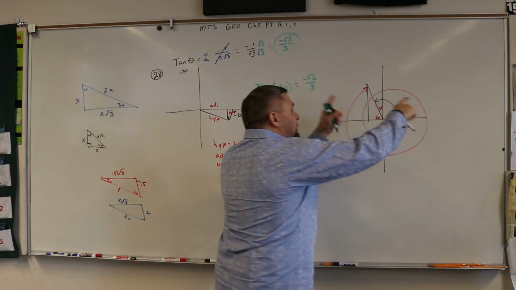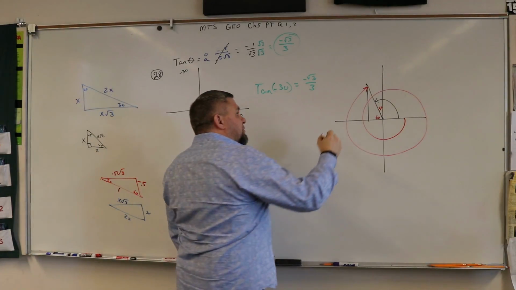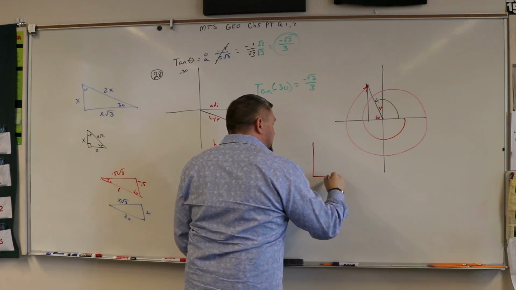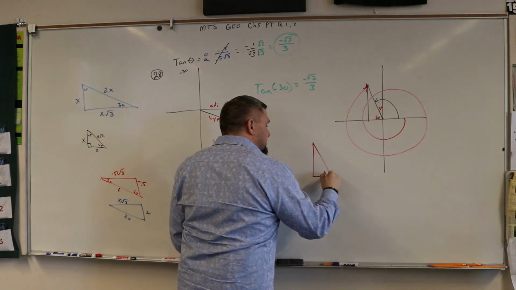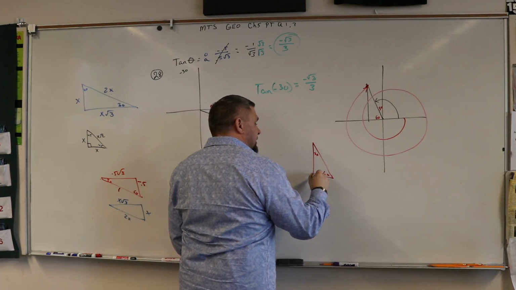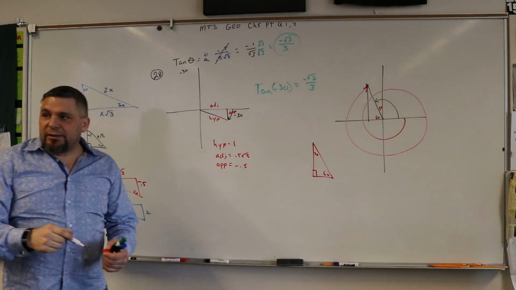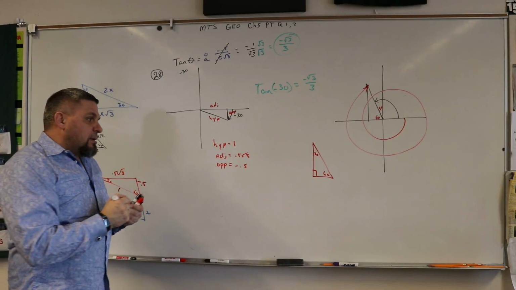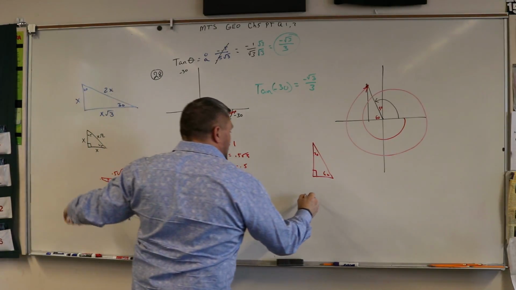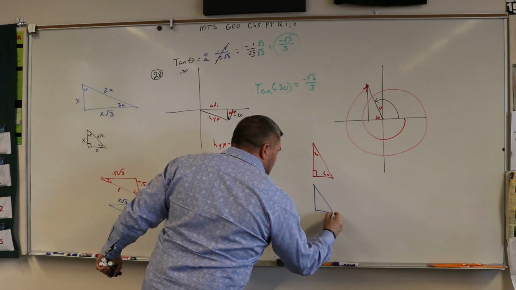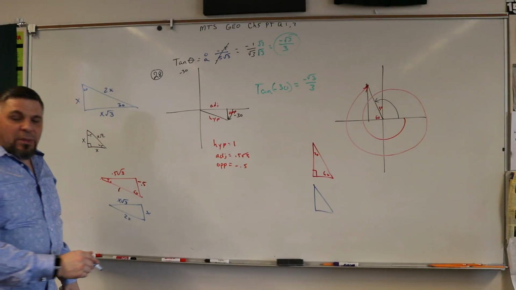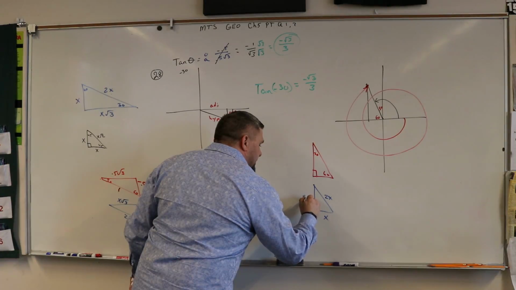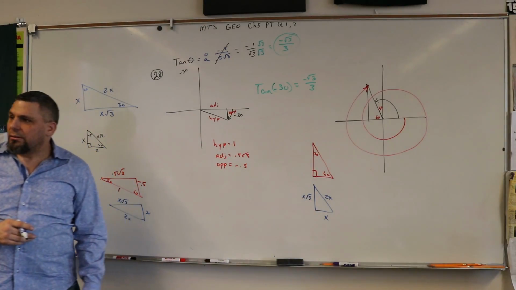So no matter where we're going, we're talking about a 30, 60, 90 triangle that looks like this. 60, 30, 90, right? We use our blue diagram where we have our x, 2x, and x square root 3.